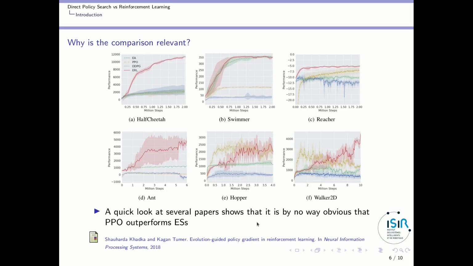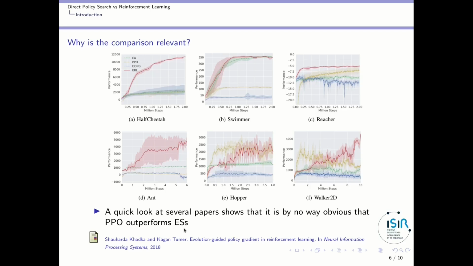So in the first part, I will compare direct policy search methods and reinforcement learning methods. But first, why is this comparison relevant? The point is that if you look at several papers which compare both, you can see that it is by no means obvious that state-of-the-art reinforcement learning methods like PPO outperform evolutionary strategies.